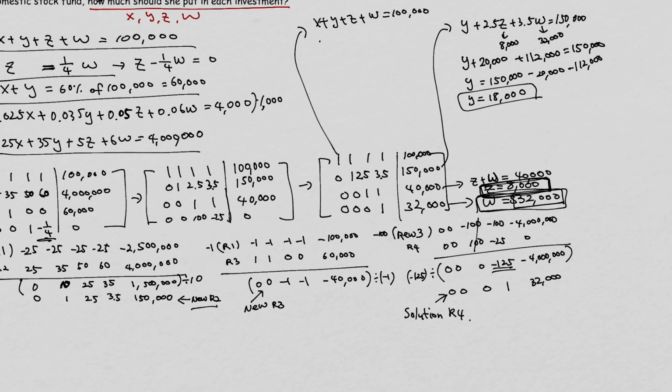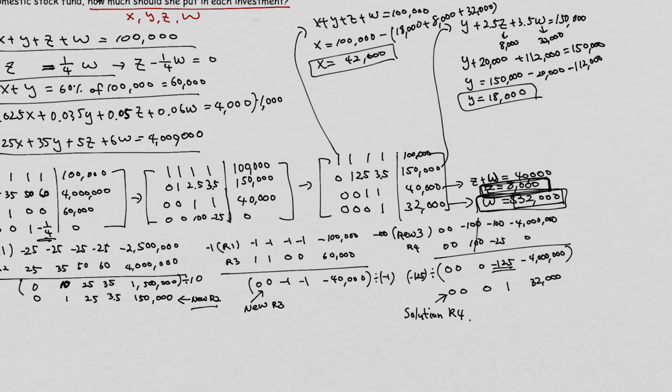So that means in order to find the X value, you're doing 100,000 minus all other values. That's 18 and 8 and 32, which means X is going to equal 42,000.